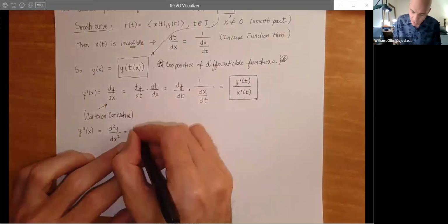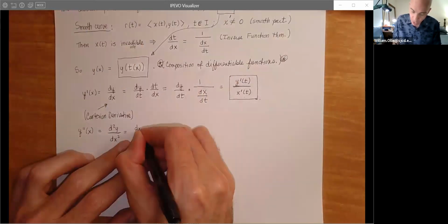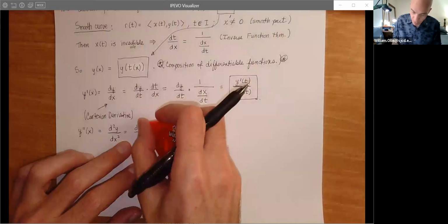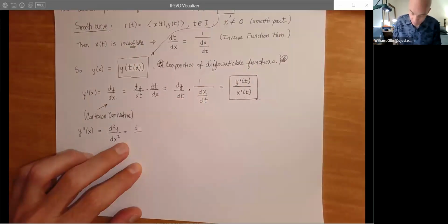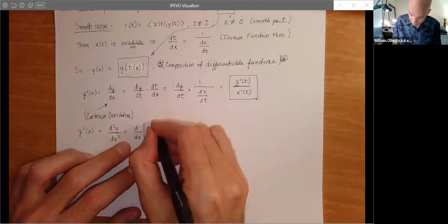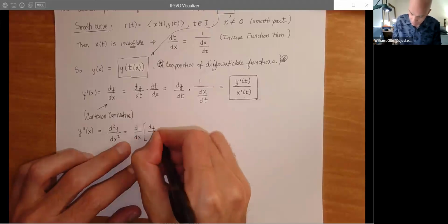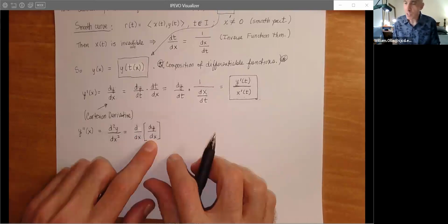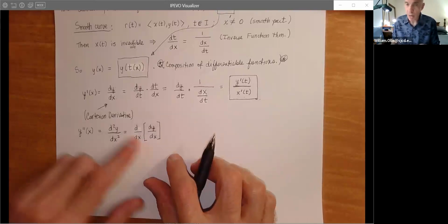So now we can say this is just the x derivative here of the x derivative. So now again, this is still a function of t because we just computed it right here.